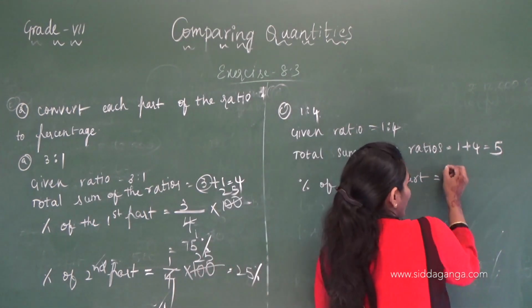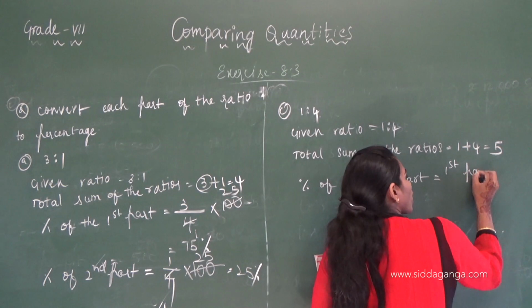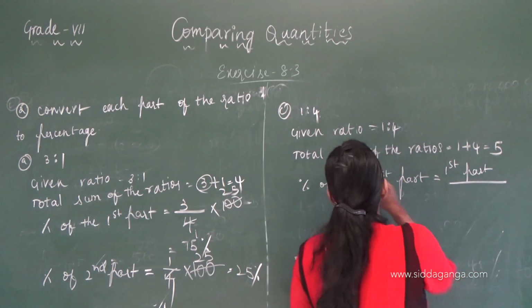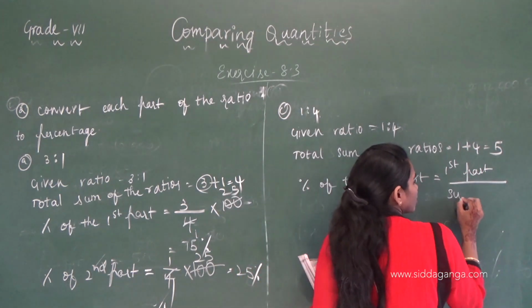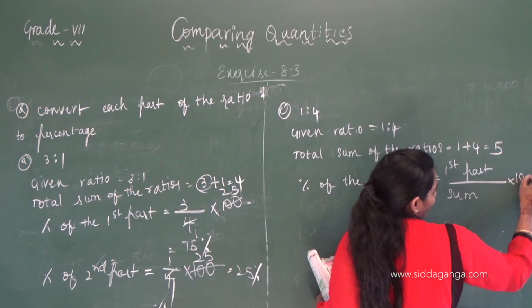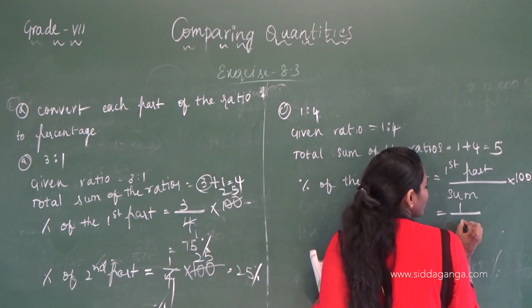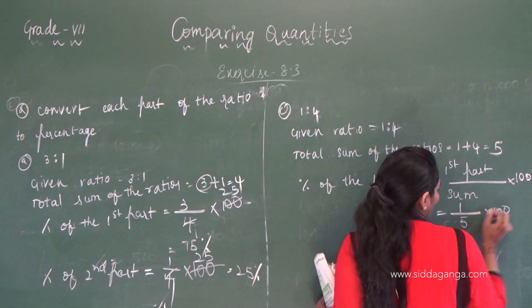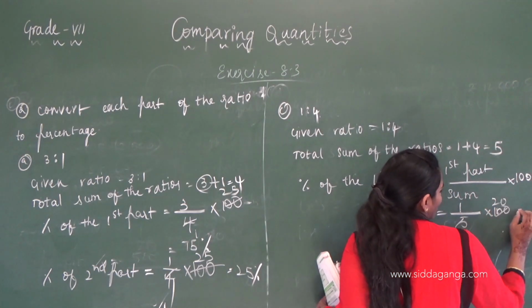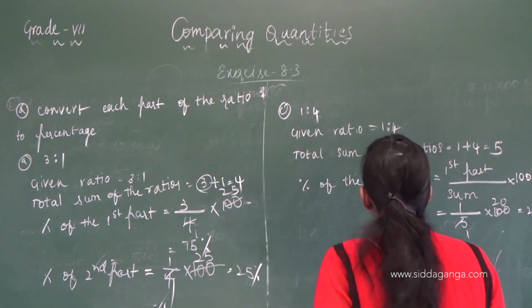First part divided by the sum of the parts into 100. The first part is 1, so 1 divided by the sum 5 into 100. 1s are 20, so 20%.